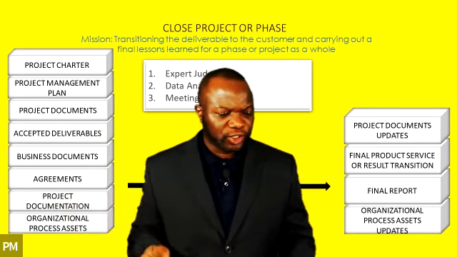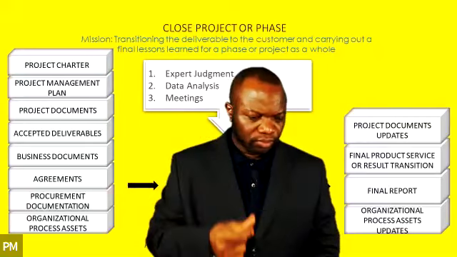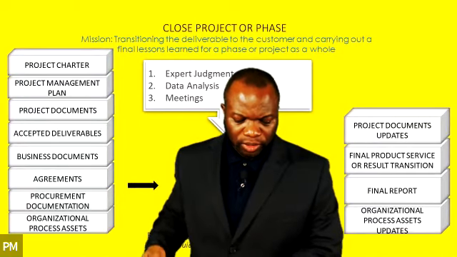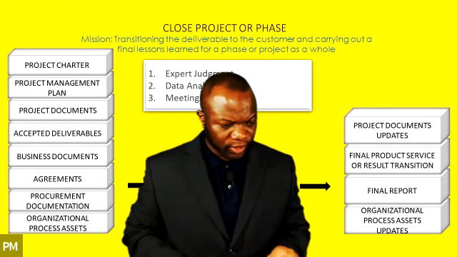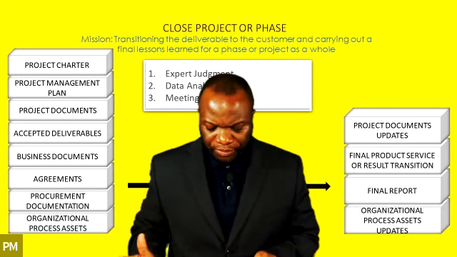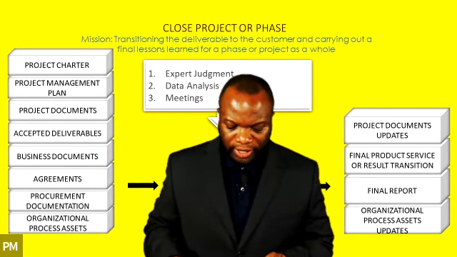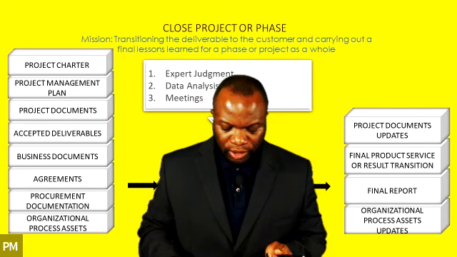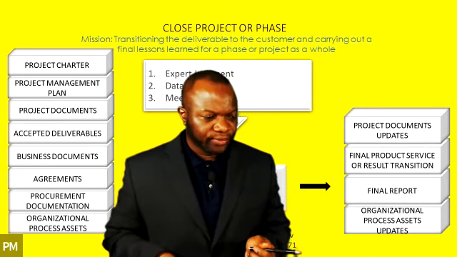Procurement documentation, as it should read. So let us magically change. There we go. So procurement documentation, as you can see, it says on page 125, to close the contract, all procurement documentation is collected, indexed, and filed.